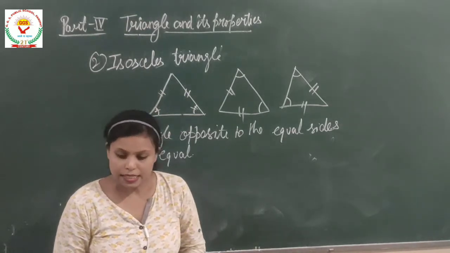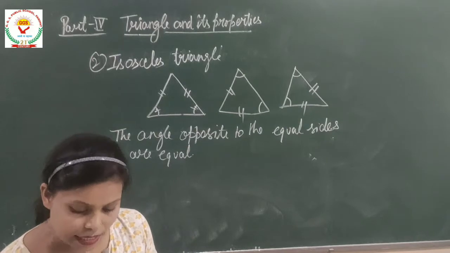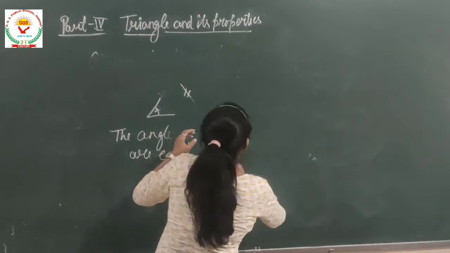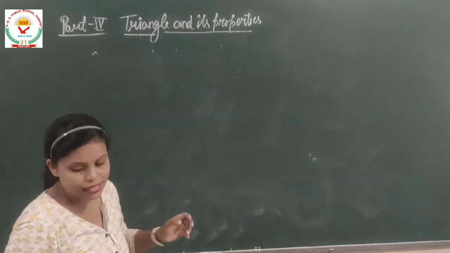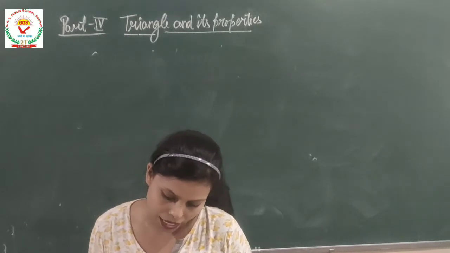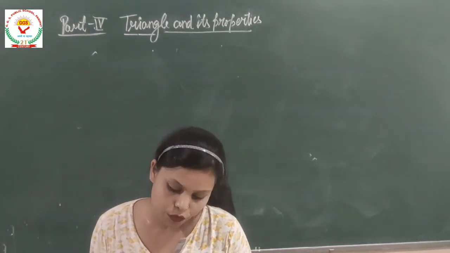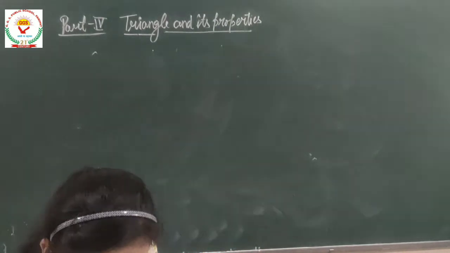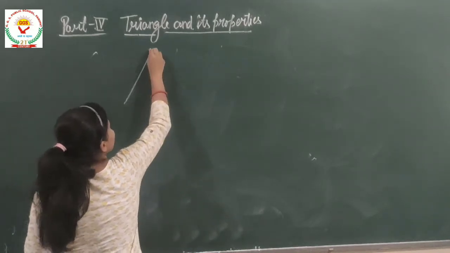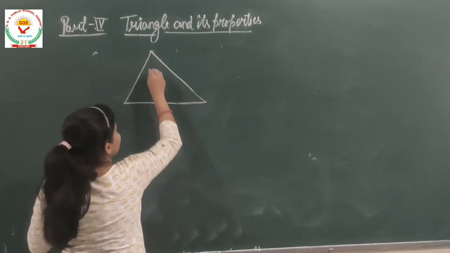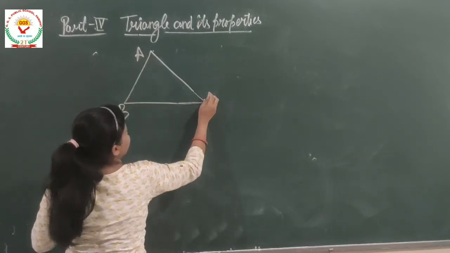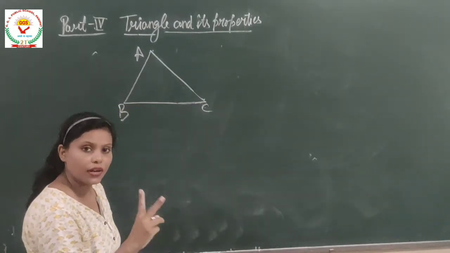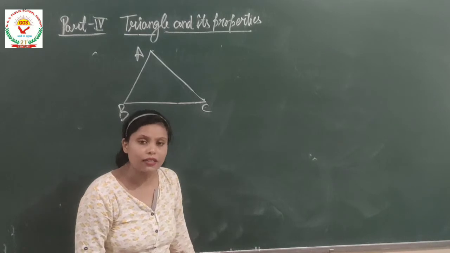Let's do exercise 6.4, which is related with these concepts. Let's do question number 1. Question number 1 says, is it possible to have a triangle with the following sides? Okay, before starting this exercise, let me tell you one thing: when we add two sides of a triangle, the sum is always greater than the third side.